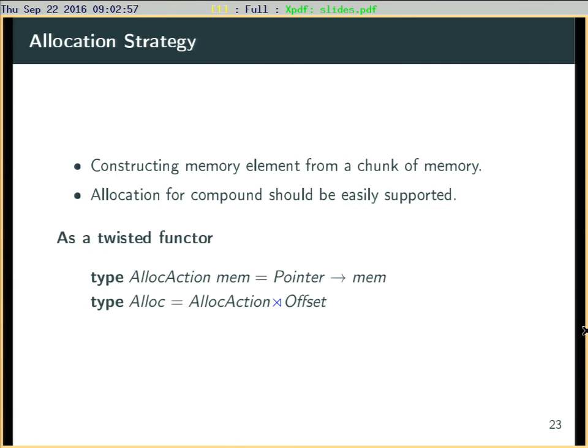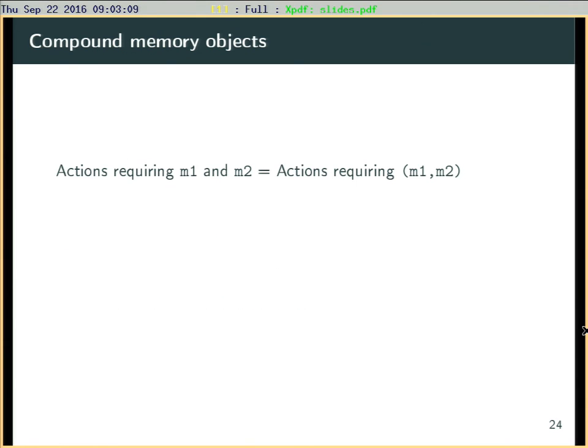Okay. And it turns out that if you take this twisted functor, where the offset keeps track of how much you have already allocated from the chunk, then you can build complicated memory allocations pretty easily.